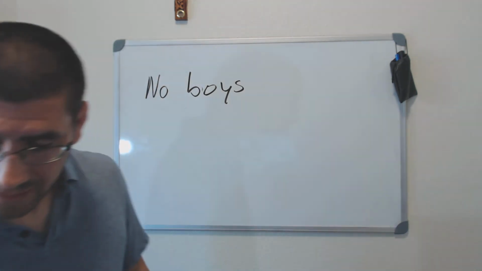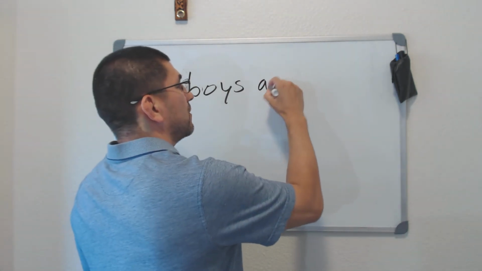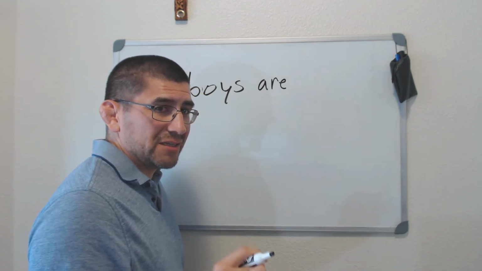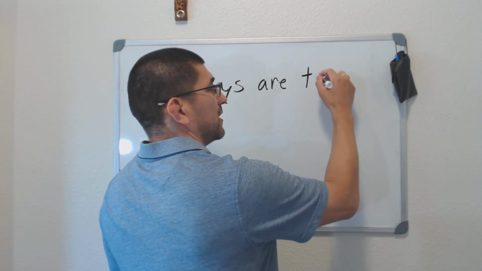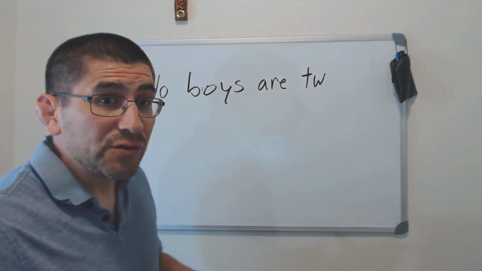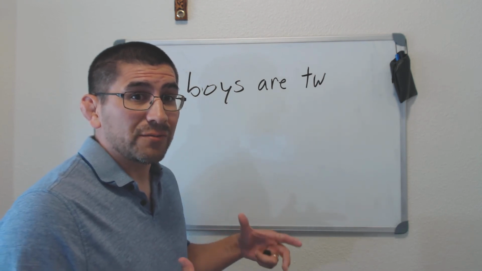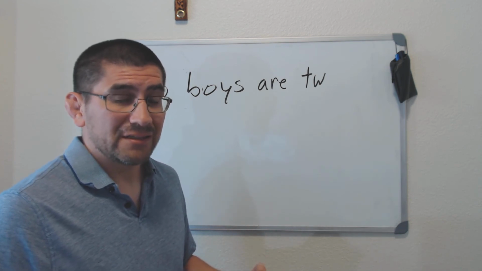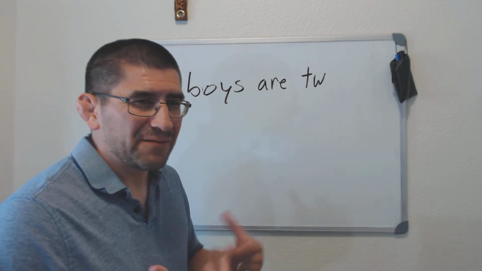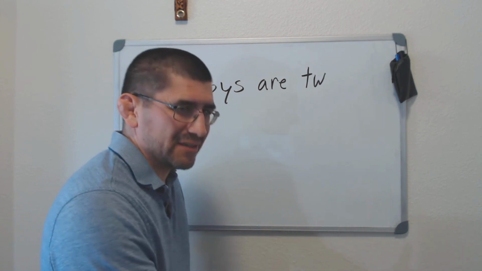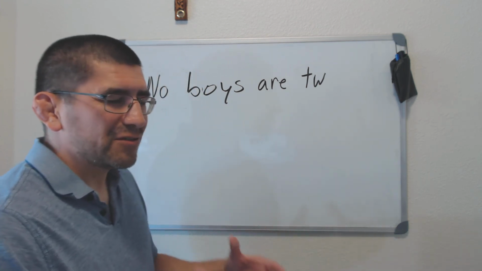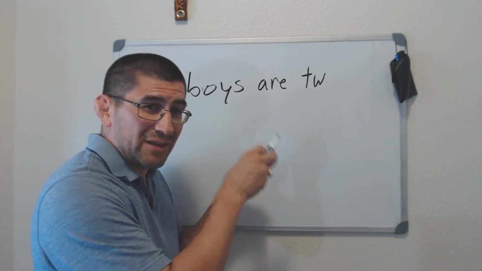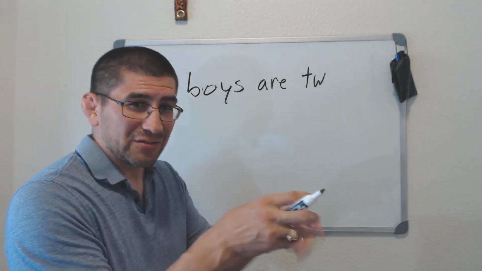So no boys are, instead of writing that which, I'm going to use just a TW, so I don't have to write out that which. Sometimes, if the predicate is not a verb and it's an adjective, then you're going to use that which is instead of that which, because it's going to sound better. Grammatically, it's more correct to use that which is rather than that which in certain circumstances.